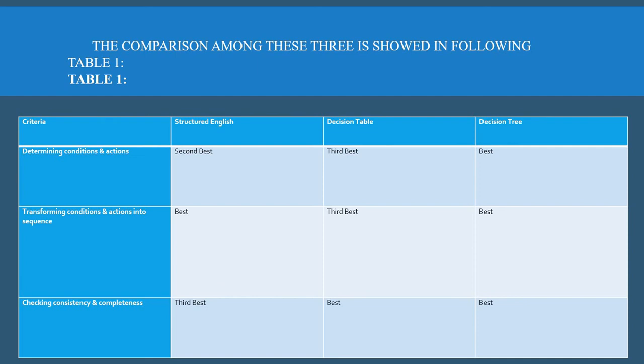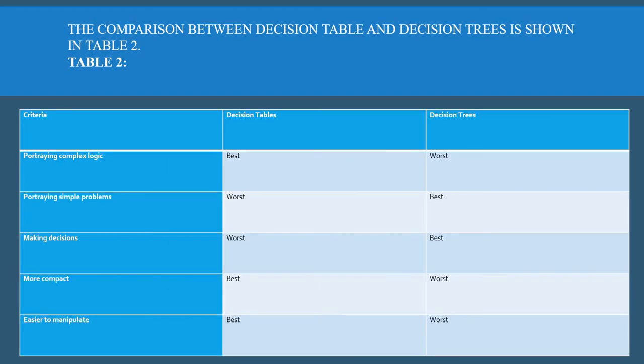Next criteria, transforming conditions and actions into sequence. The best are structured English and decision tree, whereas decision table is the third best. Next, checking consistency and completeness. The best are decision trees and decision table, whereas structured English is the third best.